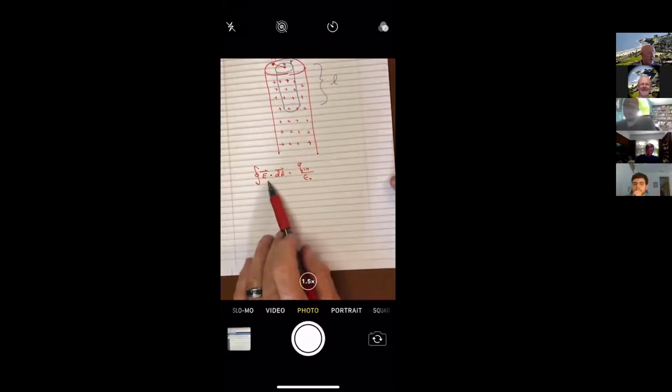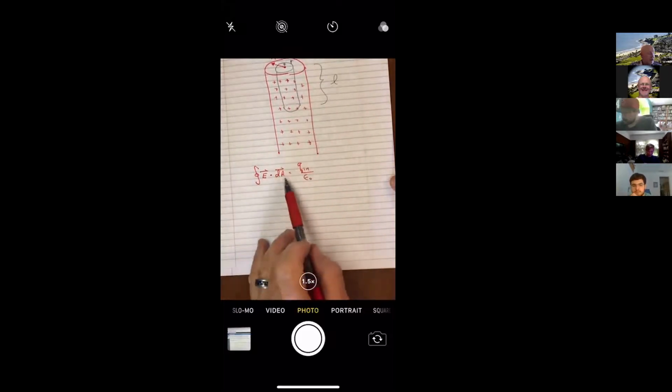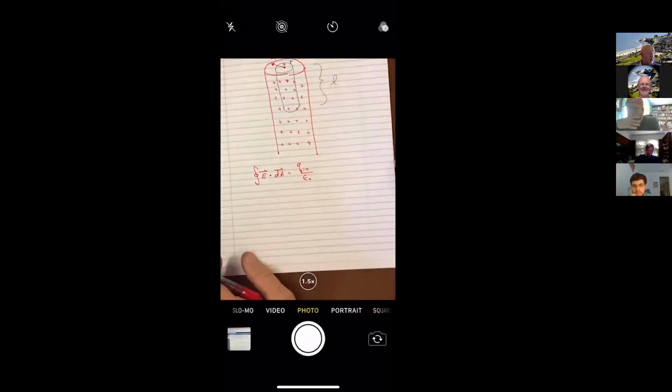You could really simplify this with a good Gaussian surface. You could change this integral into something that's no longer an integral. And so it looks scary. I bet if you showed your friends this equation, and said, here's what I'm doing in our class, they might get a little scared. Oh, whoa, that looks hard.